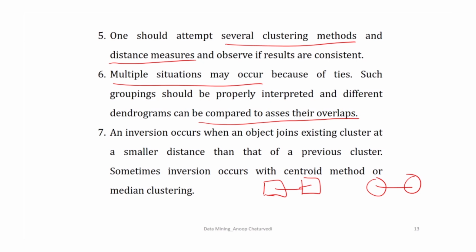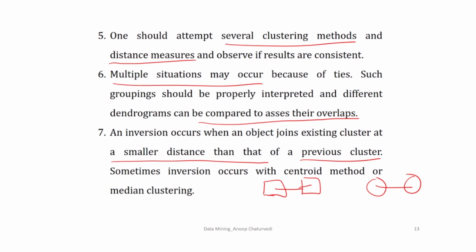An inversion occurs when an object joins an existing cluster at a smaller distance than that of a previous cluster. So, this is another issue which one may face. The two clusters have merged at a particular distance.